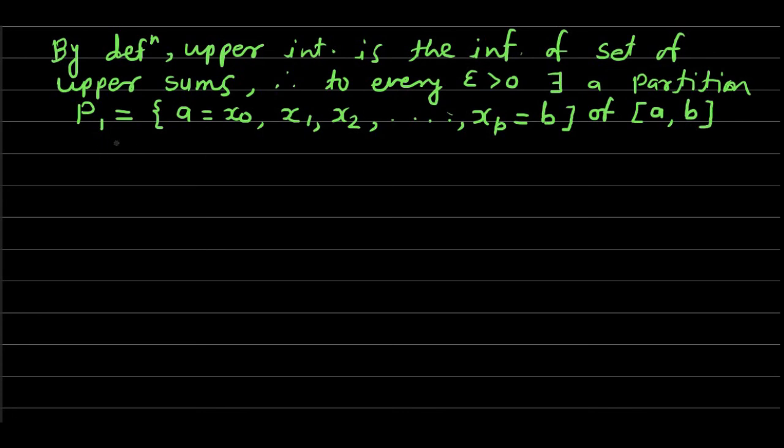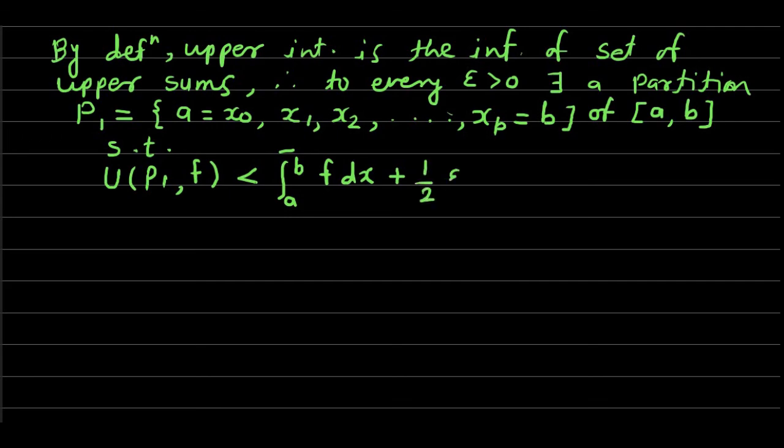Such that it satisfies the condition that the upper sum over the partition P1 for the function f is less than the upper integral from a to b of f dx plus epsilon. But instead of taking epsilon, we will consider epsilon by 2.